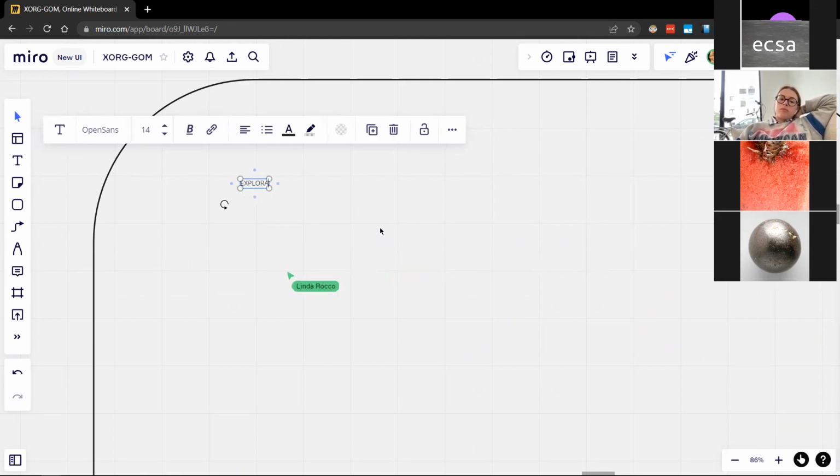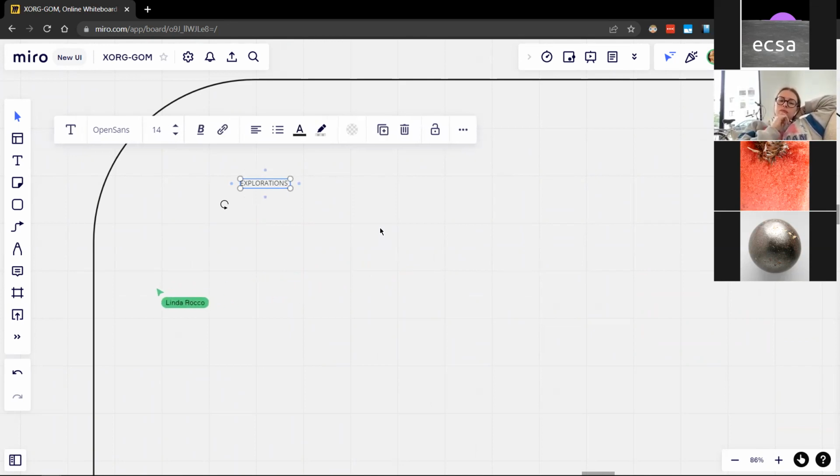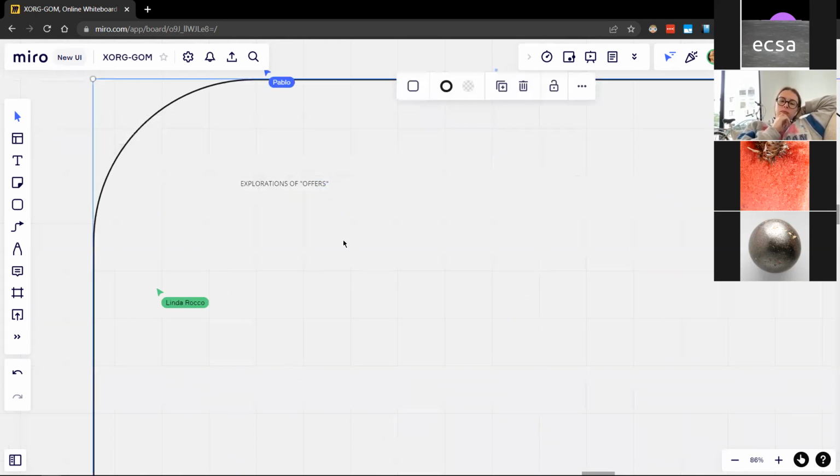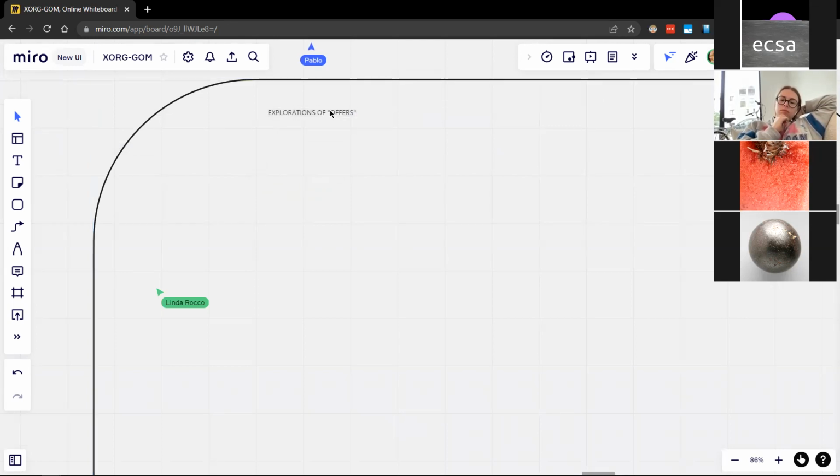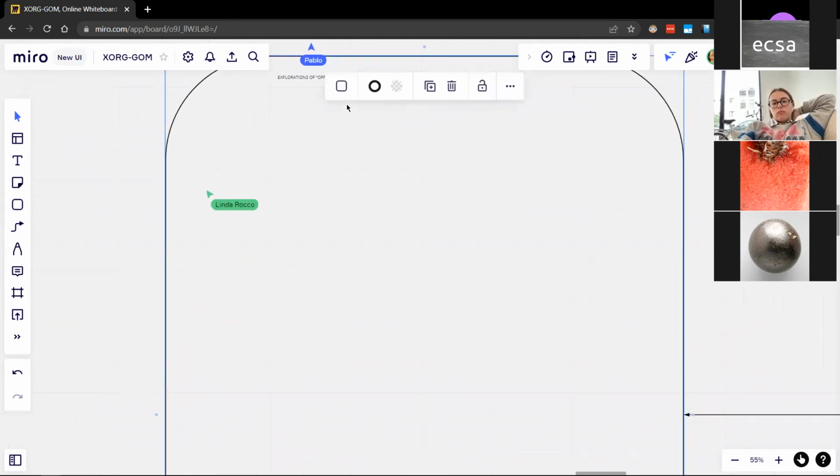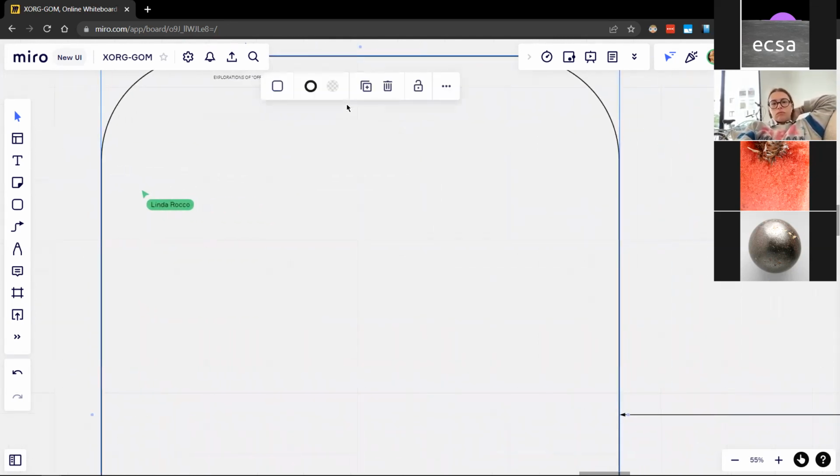So what I make is I just make this other room into explorations of offers, and this is meant to be hacky and very easy to do, as an invitation for anybody to add anything to the structure.